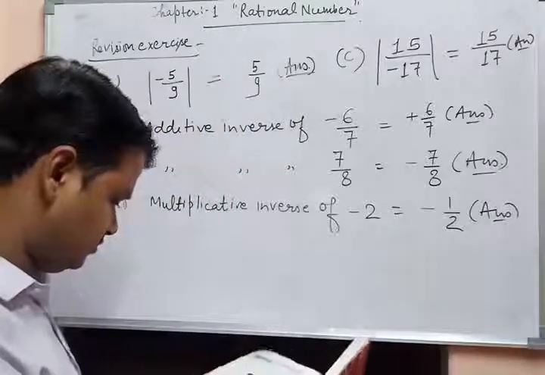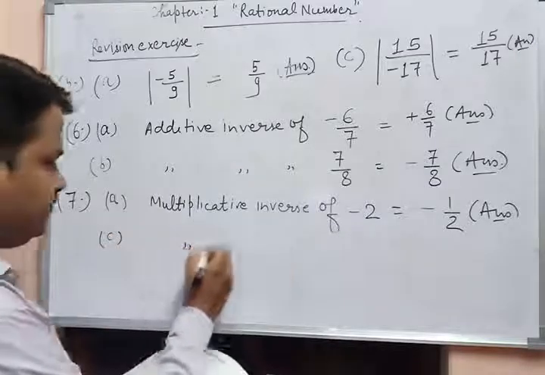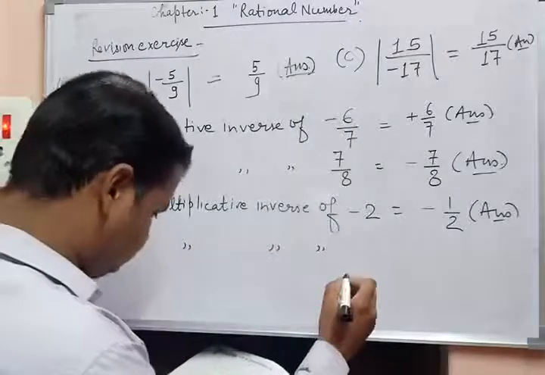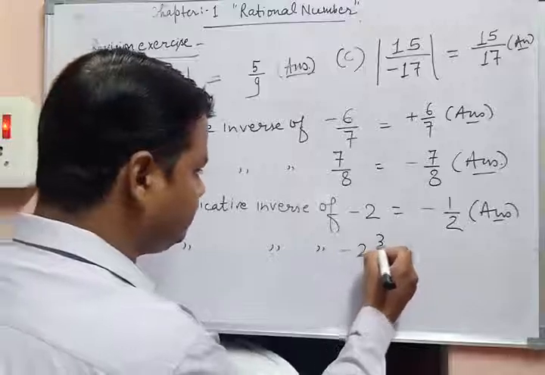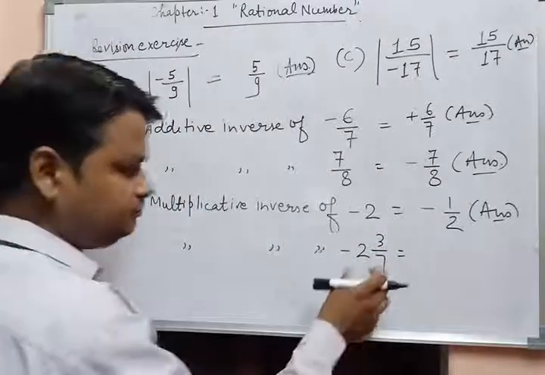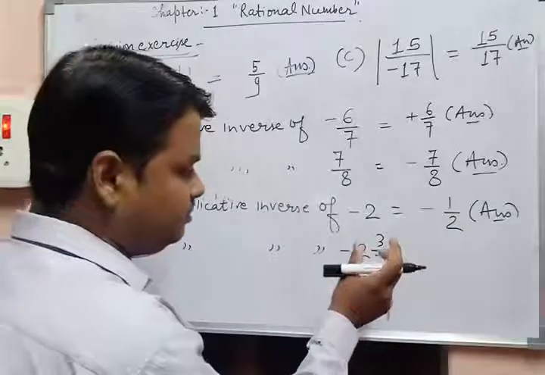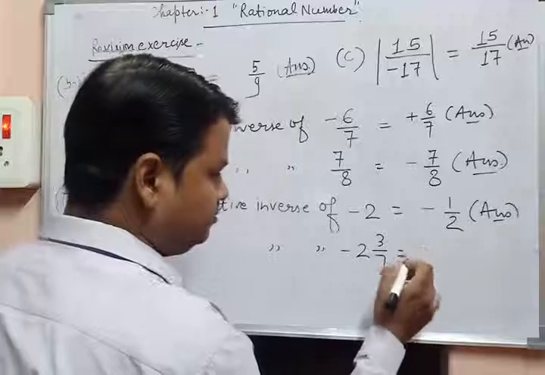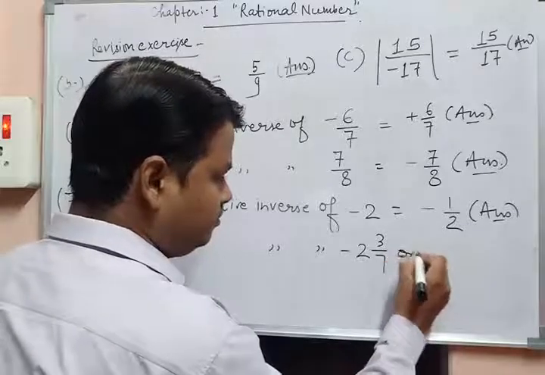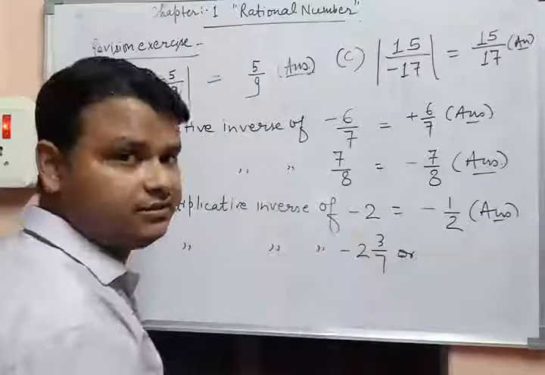In the same way, question number C part is multiplicative inverse of -2 3/7. First of all you have to convert the mixed rational number. 7 twos are 14, 14 plus 3 is 17.